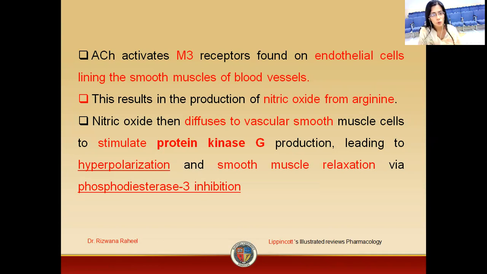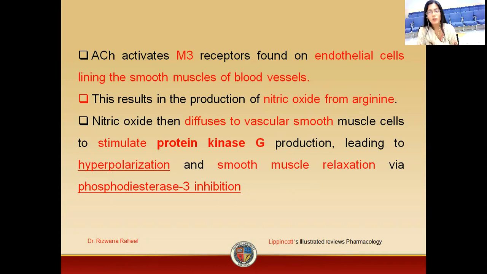Now, this formed nitric oxide has the ability to diffuse into the vascular smooth muscles. When in the vascular smooth muscle, this nitric oxide will stimulate protein kinase G. Whenever there is stimulation of protein kinase G, this protein kinase G will cause hyperpolarization.